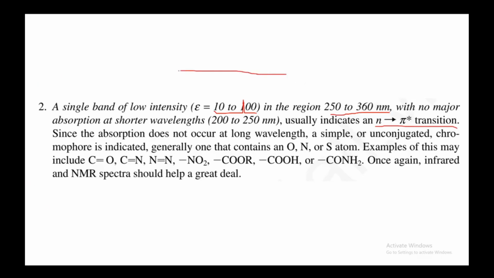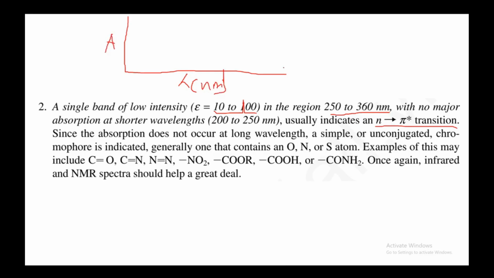Again, let me draw the UV visible spectrum. On the x-axis we have the lambda max, the wavelength in nanometers, and absorbance and the molar absorptivity on the y-axis.